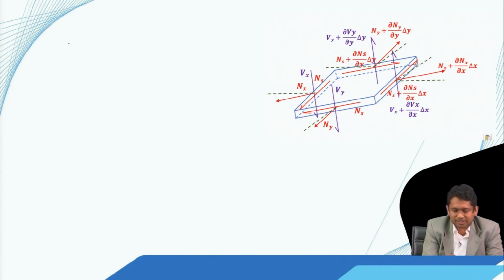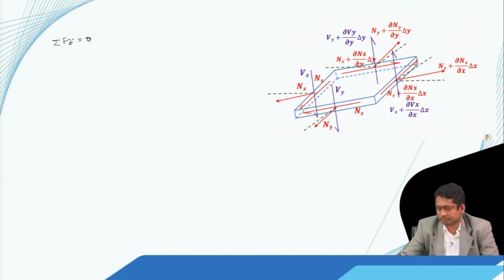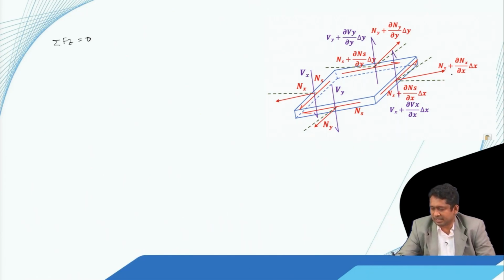Now let us write the equilibrium along the z direction. This force Nx plus del Nx by del x into delta x has a component along the z axis, and that component is nothing but this force multiplied by the sine of this angle, and this angle was del w by del x plus del 2w by del x2 multiplied by delta x. So, sine of this angle.